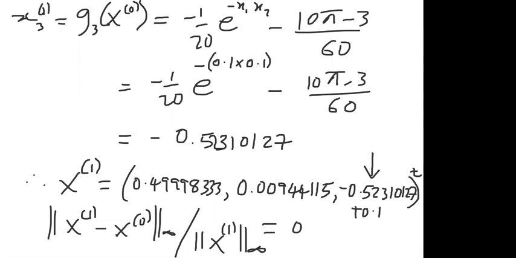So it will give us 0.42310127, then divided by the L infinity norm of x1, which will be that same value, 0.52310127. And you'll be able to see that it will be greater than 10 to the power negative 5. So it means I need to do more iterations, right? So I need to move on to the second iteration.